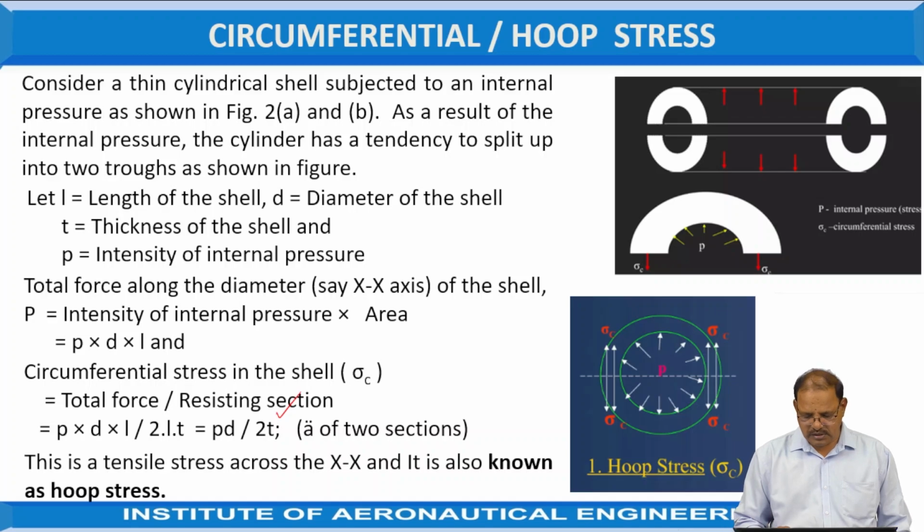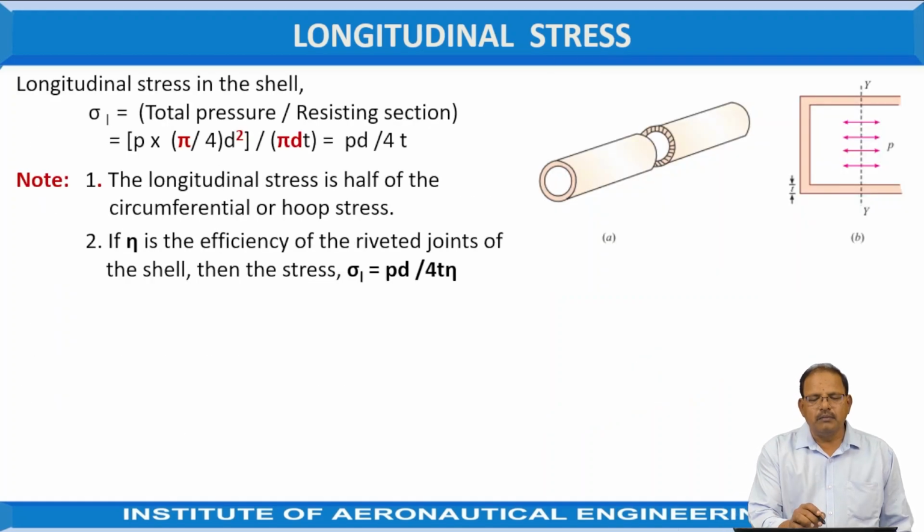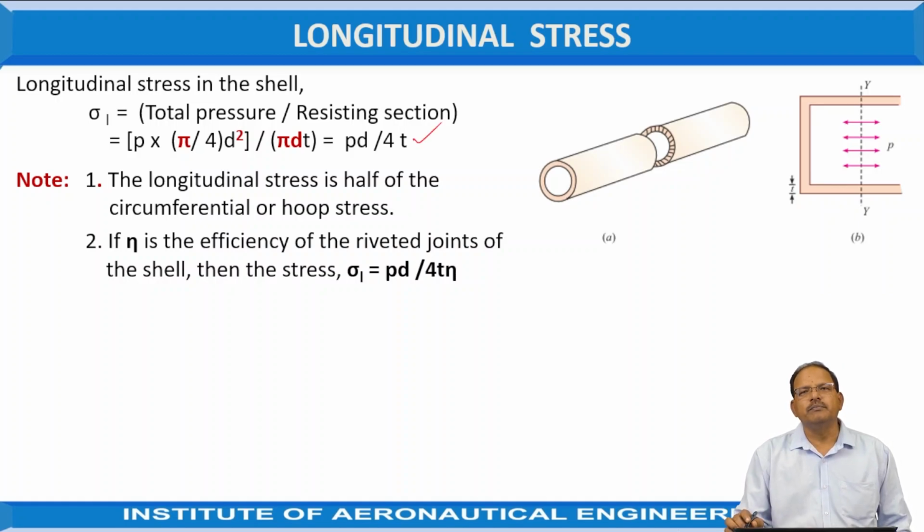In the case of longitudinal stress, the stress induced is given by PD divided by 4T. In the case of circumference stress, it is PD divided by 2T. That is, the longitudinal stress is equal to half of the circumference stress. Hence, from the design point of view, only circumference stress is considered.